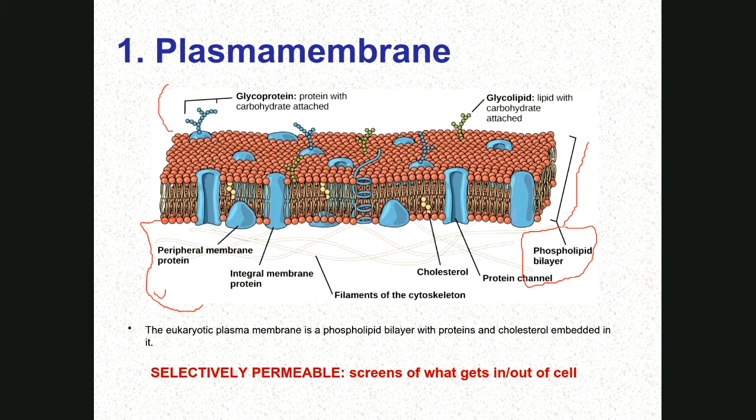This is one layer over here, and this is another layer of phospholipid over here. You see, this is the major constituent of the plasma membrane. All of this is a plasma membrane.